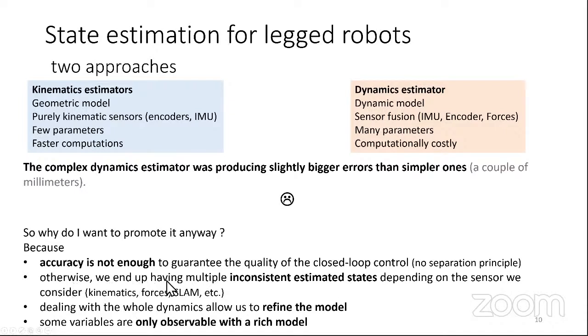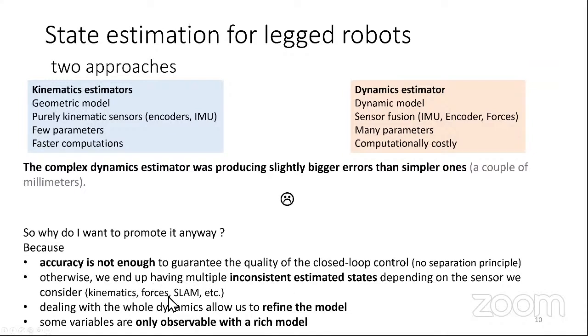Also, with the kinematic estimators that we have here, we usually build different estimations that are inconsistent. We have estimations of the forces, estimations of the kinematics, and sometimes estimation of the absolute position using SLAM, and they are not consistent with each other. And actually, they live in different control loops.